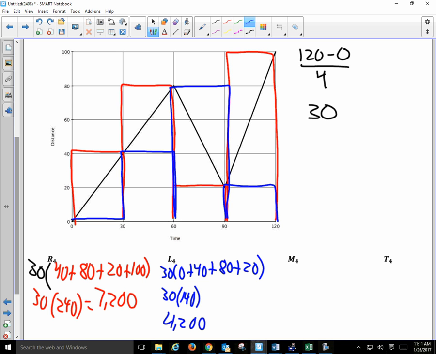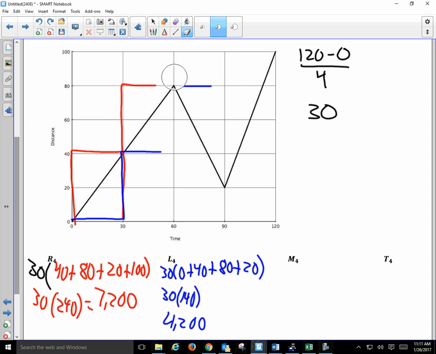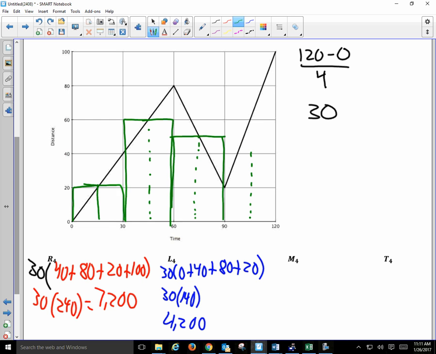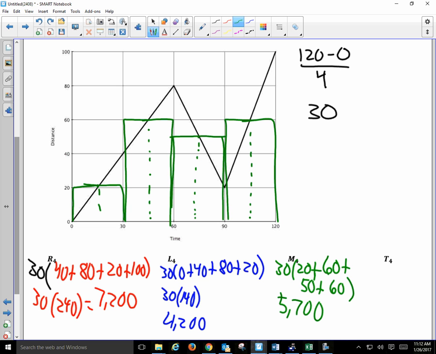Try the midpoint on your own. $5,700. And then how would you do the trapezoidal sum?